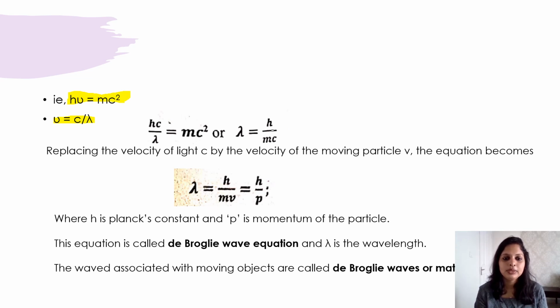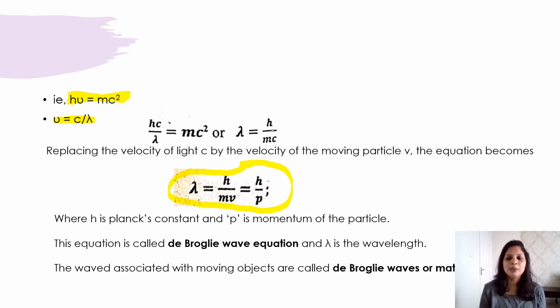We can replace the velocity of light c by the velocity of a moving particle v, and the equation turns out to be lambda is equal to h by mv, and as you know, mv is mass into velocity, that is momentum p.